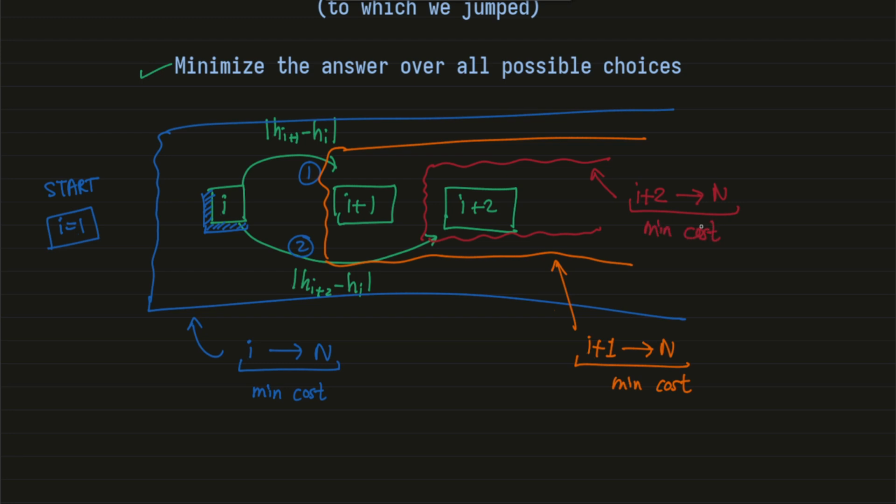Notice that this is an overlapping subproblem, which means that each of these individual boxes denote the best possible answer that is available or that can be computed from some starting index, which was i in this case, i plus 1 in this, and i plus 2 in this.